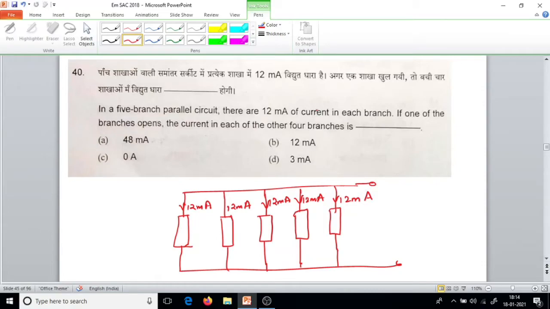One branch opens, this goes off. In the remaining 4 branches, 12 milliamps will be flowing.